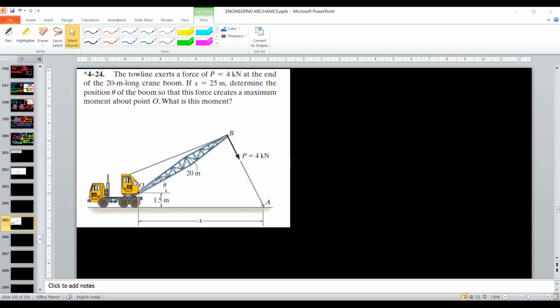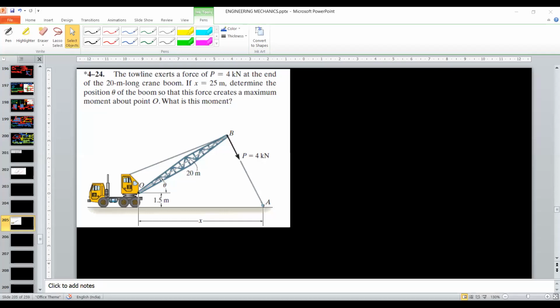Just take one simple example. Suppose we have one rod AB, and we want to take the moment about the point A. So we are applying the force at point B. You can apply the force like this at some angle, you can apply the force like this, you can apply the force in this direction.